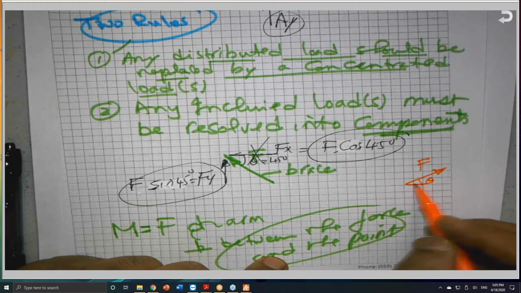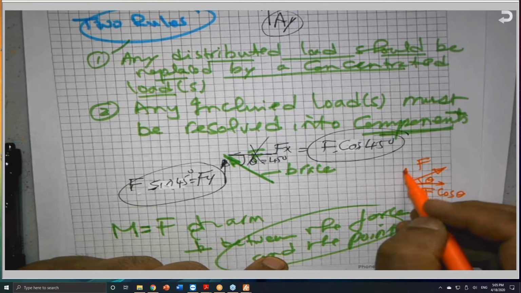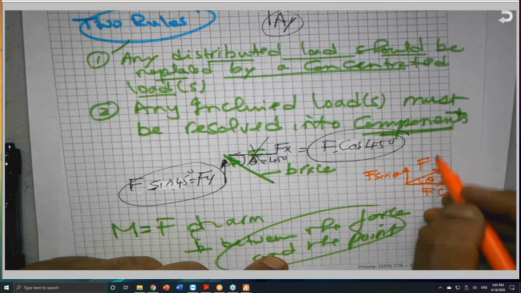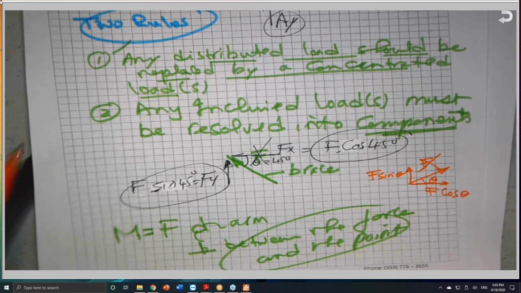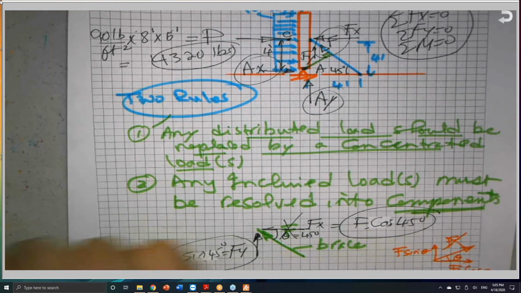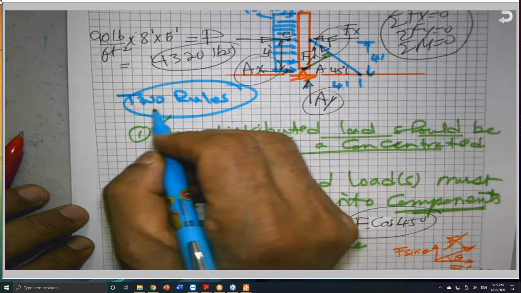So this is F cosine theta, and this is F sine theta. The force is gone now, I resolved it into two components. So please remember these two rules for forces, and this is true for all kinds of forces.